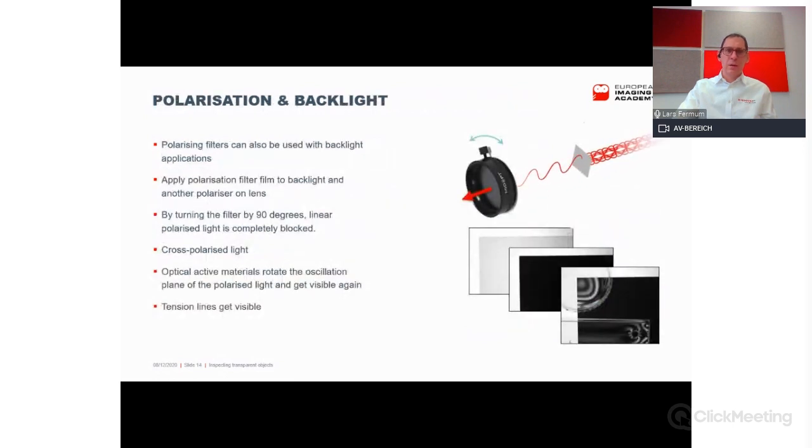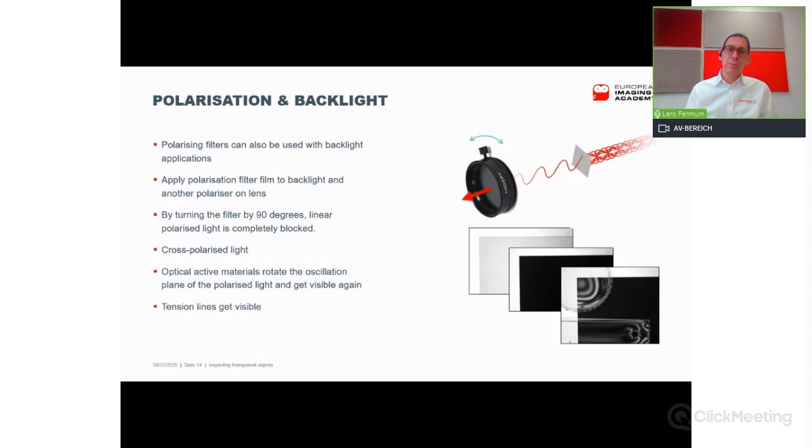What's next? We can also use polarization effects for the inspection of transparent objects. One possibility is the use of polarizing filters also for backlight applications. This sounds really funny at first, but we will see how that works.